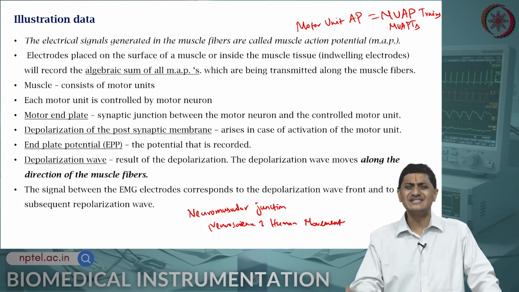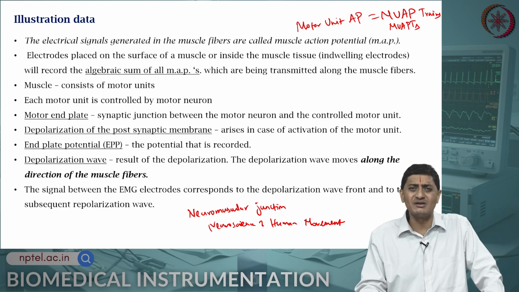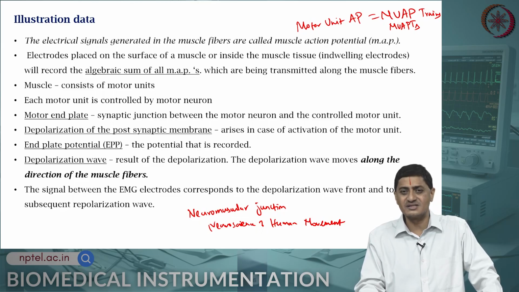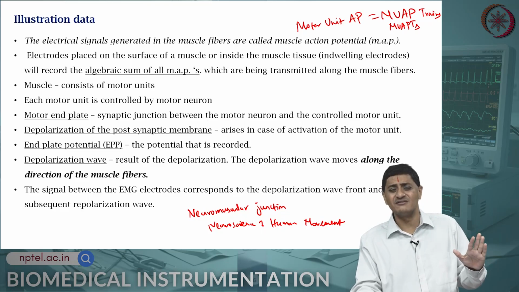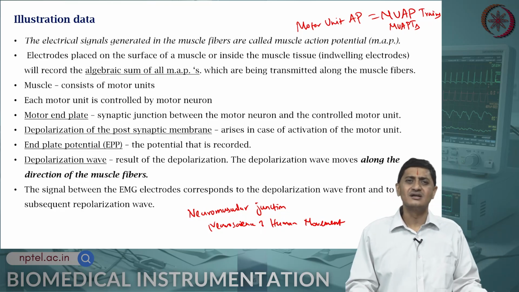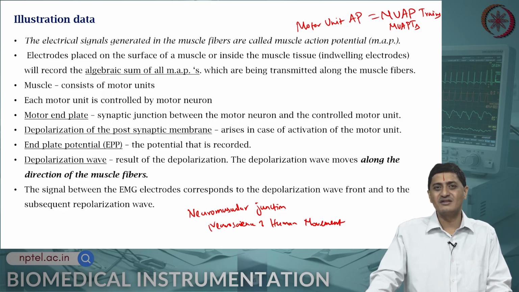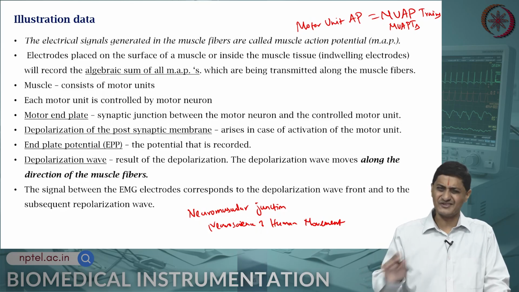Let us just say that the postsynaptic membrane in the neuromuscular junction is the muscle fiber. The muscle fiber depolarizes as in the case of activation of the motor unit. Whenever the motor neuron is activated, all the muscle fibers related to that are depolarized. All of them produce an action potential after a time delay.